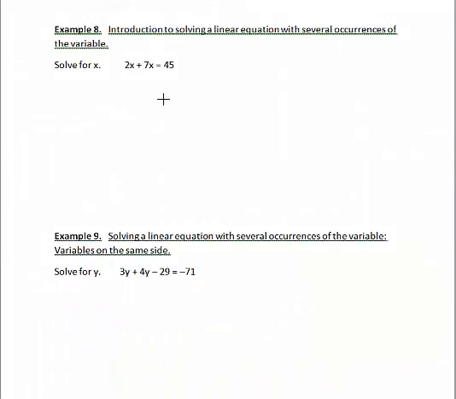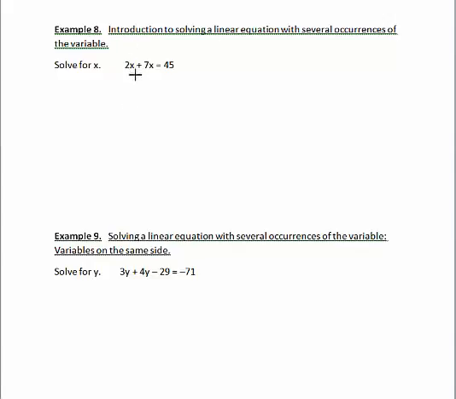Here we are with the last page of the chapter. We are given a new type of equation, and you can see that we have 2 terms with an x. According to the previous chapter, 2x and 7x, which are on the same side and are being added, are like terms.